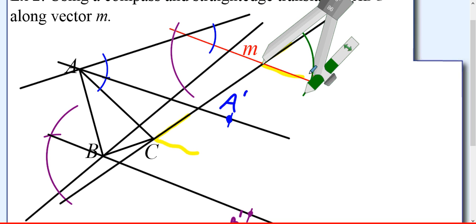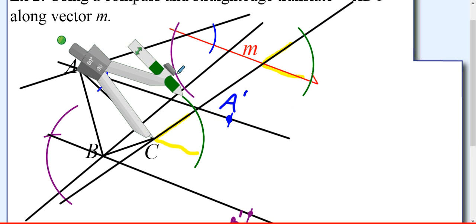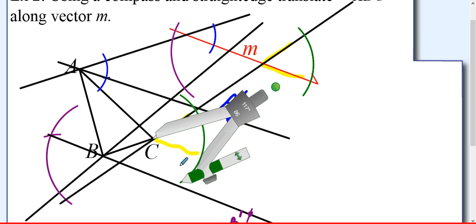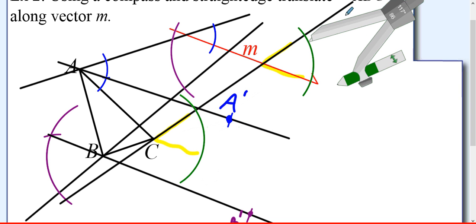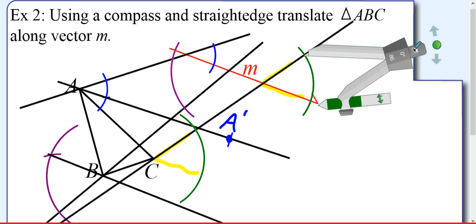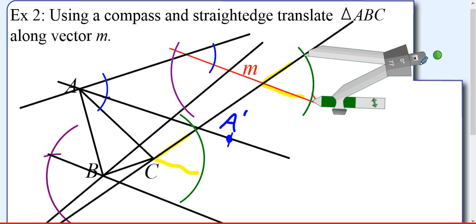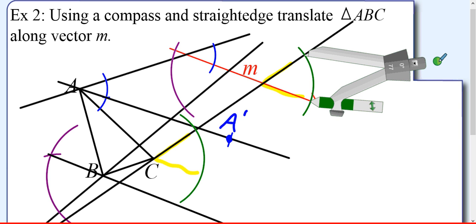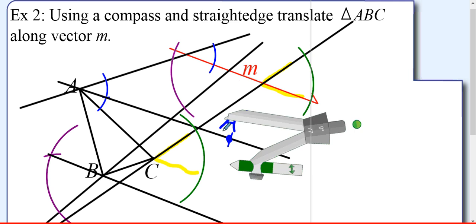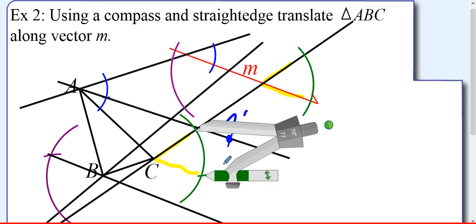There's our reference arc, and we want that same reference arc down here on point C. Then you measure it, and we want that same distance, that same length, right there. You can see how that followed the highlight, just like I intended.